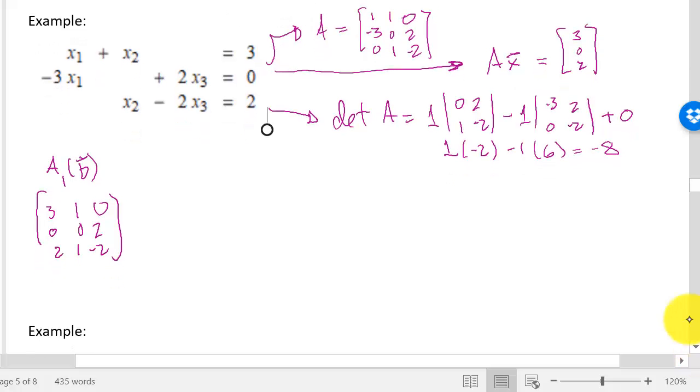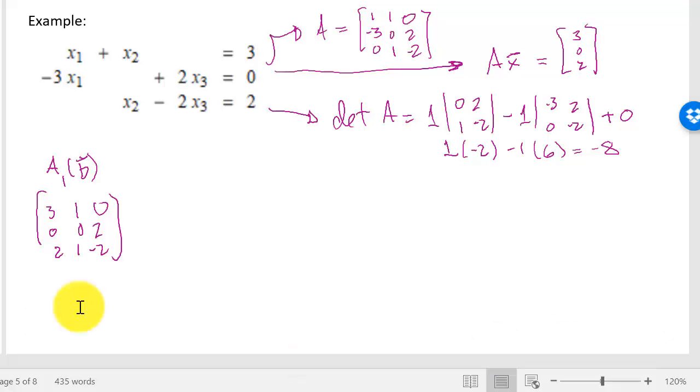It looks like our second row has 0, 0, 2, so I'd like to expand on that. So the determinant of A1 of B is going to be equal to, this is a plus, this is a minus, minus 0, plus 0, and then more importantly, this has a negative sign as the sign of this element.